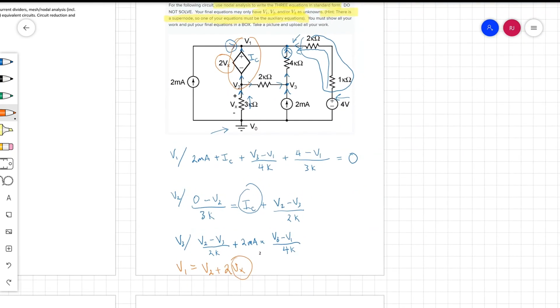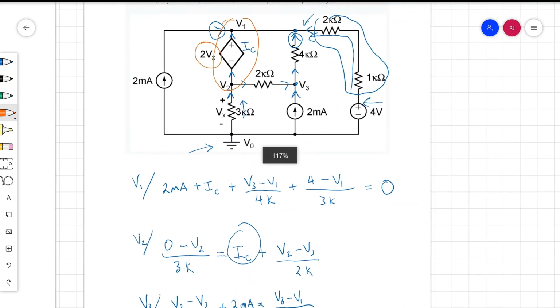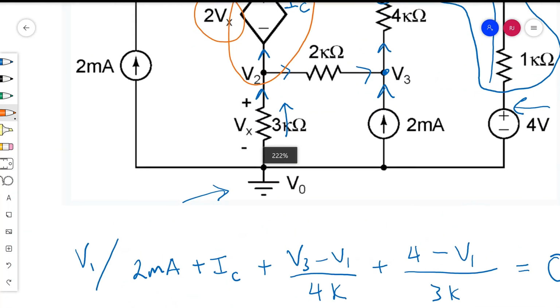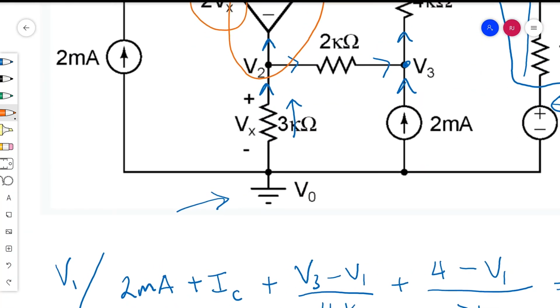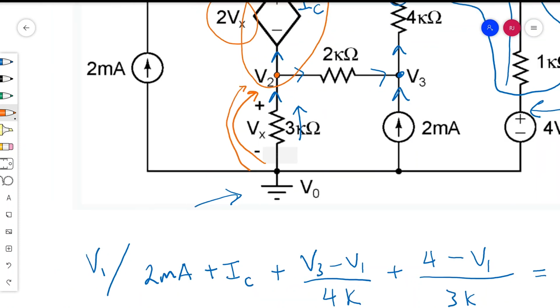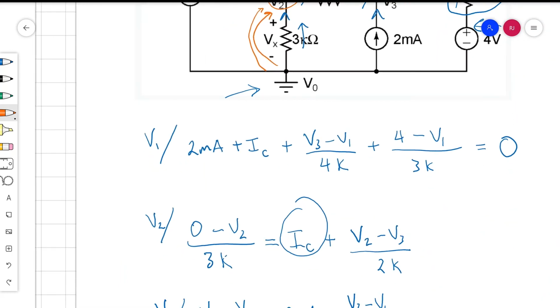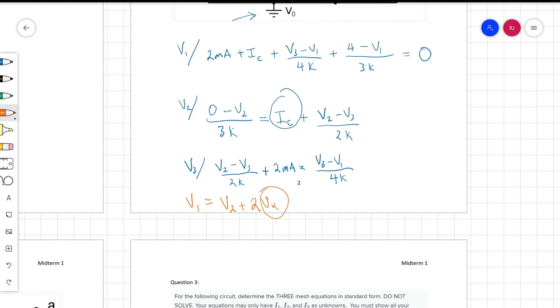We have to figure out what Vx is. If we look at this picture, Vx is defined as the voltage across this 3 kilo ohm resistor. Well, V2 is defined the exact same way. Remember that if you just see a node called V2, that node has a voltage V2 with respect to ground. Therefore, we have another equation which tells us that V2 is equal to Vx.